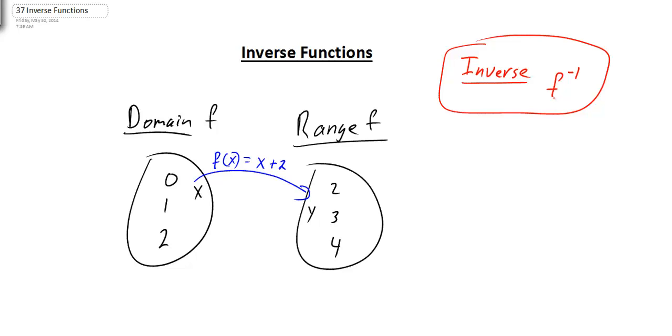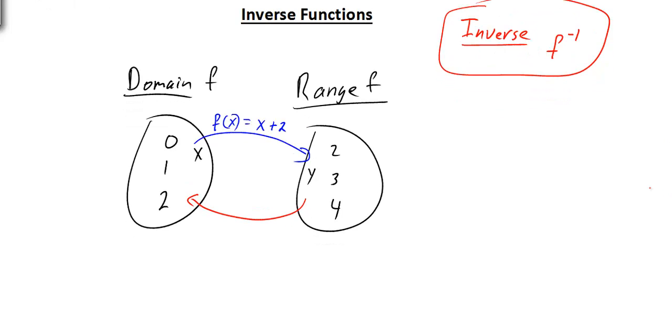So what that means is we want to find the function that will now take our y values. If we plug them in, it will take us back to the original domain. So over here now, this is going to be the domain of the inverse function. So the 2, the 3, and the 4 are going to be our x values, if you will, for the inverse function.